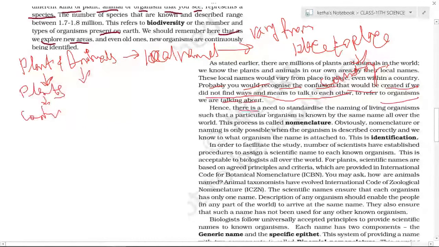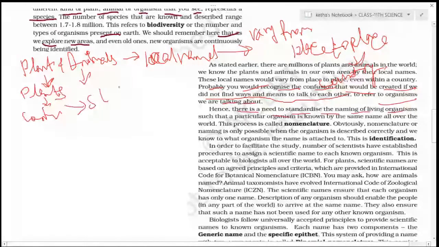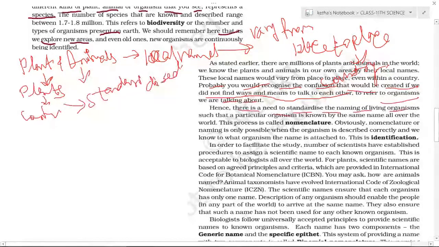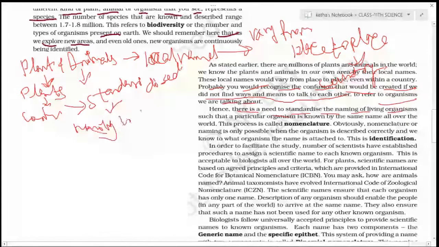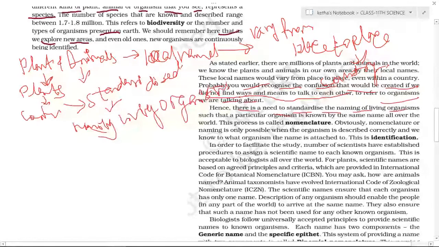Hence, there is a need to standardize the naming of living organisms, such that a particular organism is known by the same name all over the world.